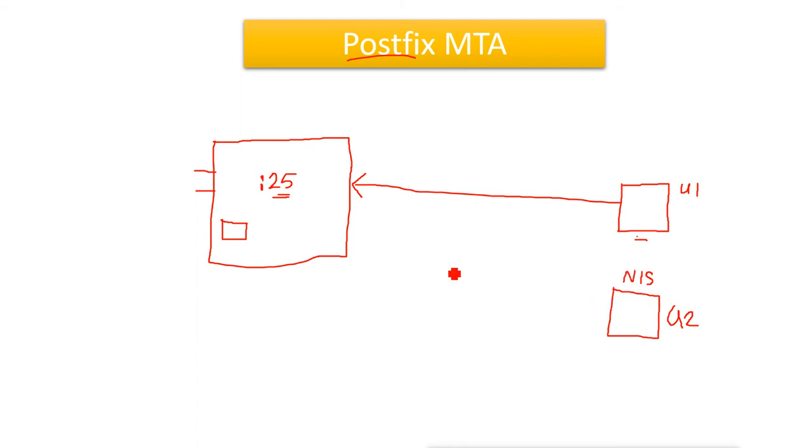When it logs in, it gets access to its profile files, mailboxes and everything. So it is not downloading the mail, it is only getting the profile by using NIS or LDAP or other services. So when the user wants to see the mail, it can see the mail based on their profile.